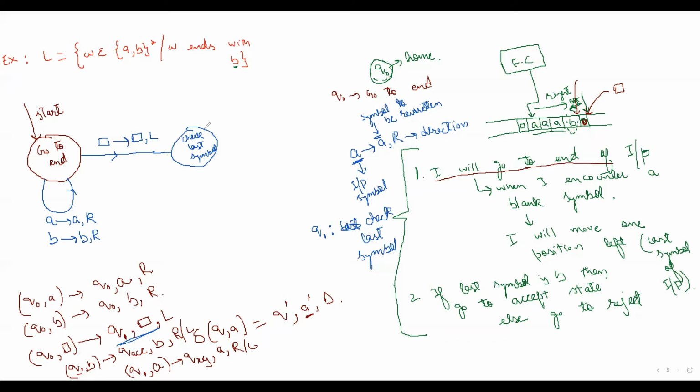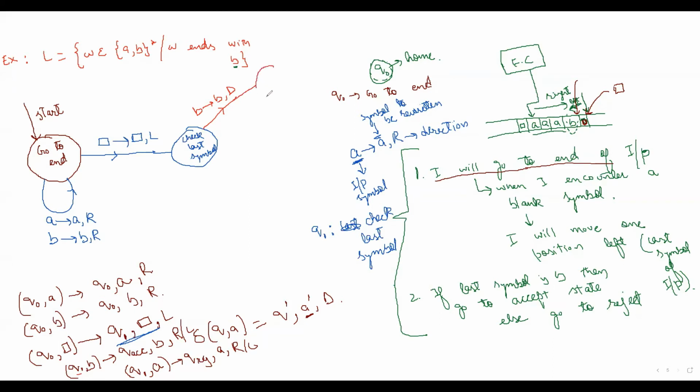If B comes, that means the last symbol is B. So we will rewrite B and we can move in any direction. Whenever I am writing capital D, D means that you can move in the left direction or right direction. It won't make any change. Okay.